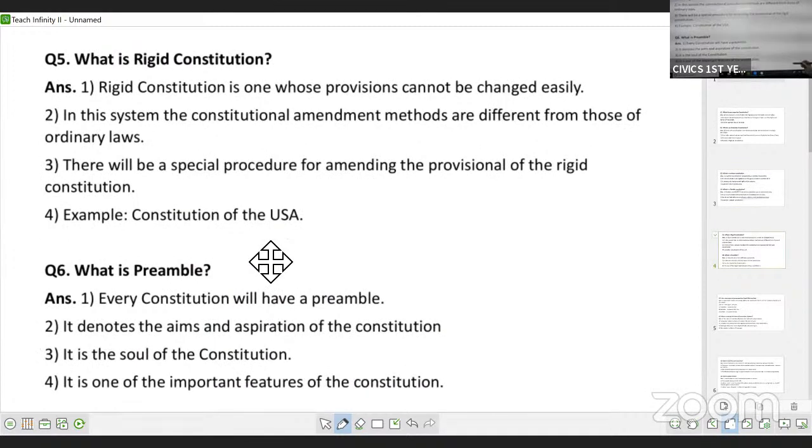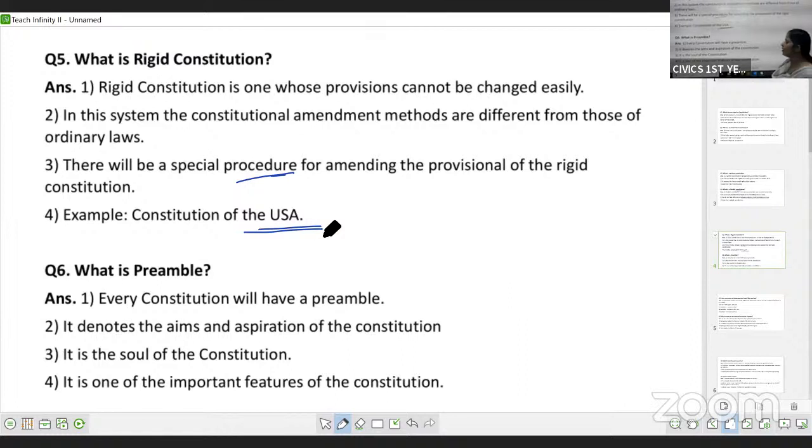But in case of a rigid constitution, there is a difference between constitutional laws and ordinary laws. So, a special procedure is followed for amending the constitution. Example, the Constitution of the USA is a rigid constitution. To amend the constitution, a special procedure is followed.